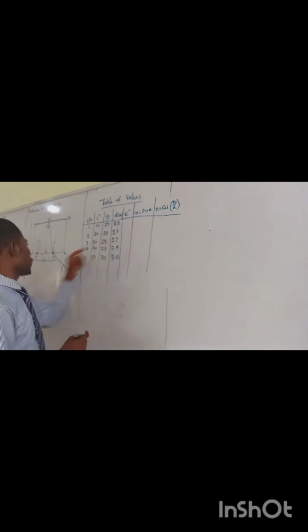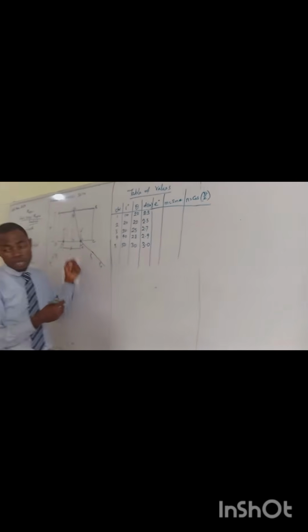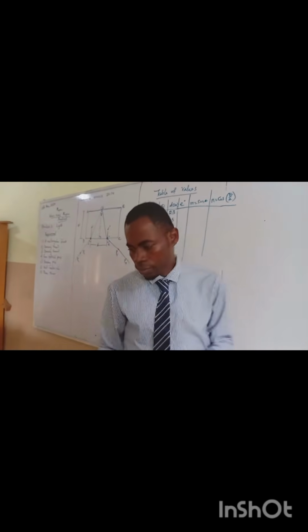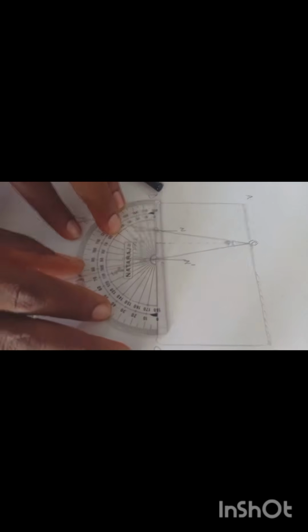Okay, for my values of E, you need to measure your E. You know how to measure your E? Let me show you how to measure your E. I will also place my protractor there as the way we have been doing it. I will look for my 90.